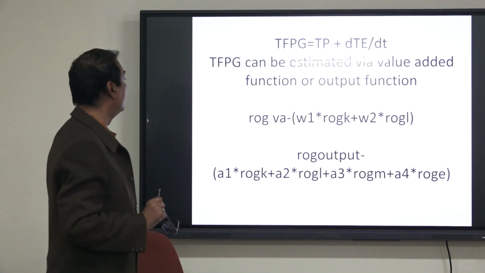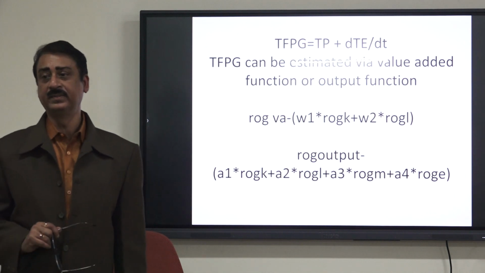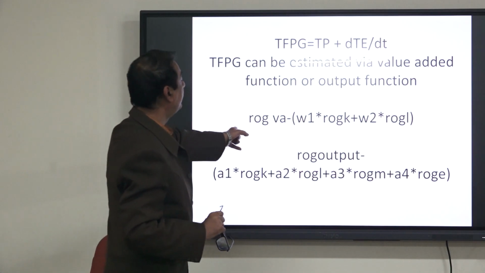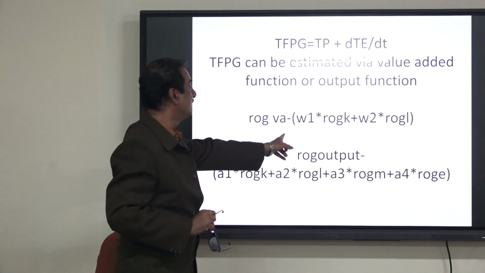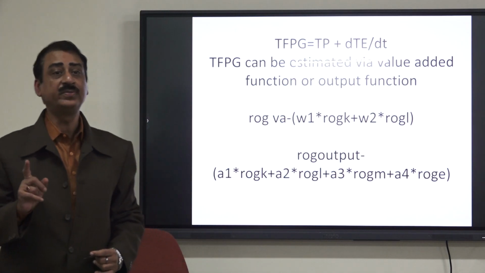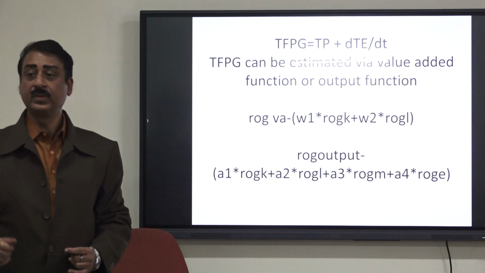One, the easiest method is called the growth accounting technique. In the growth accounting technique, you take the rate of growth in value added minus, within brackets, the weighted combination of the rate of growth in capital and the rate of growth in labor.